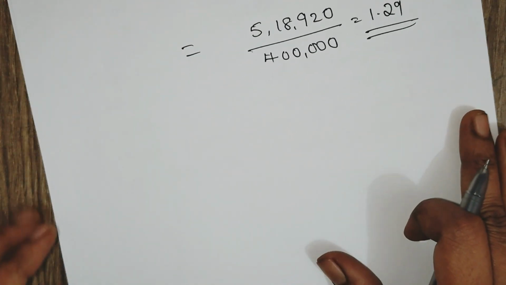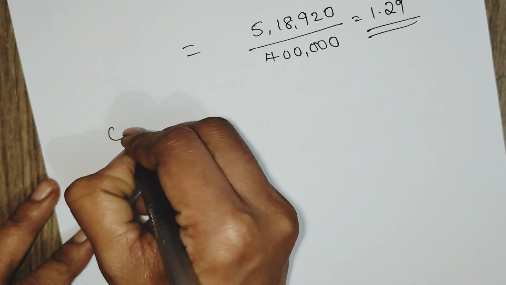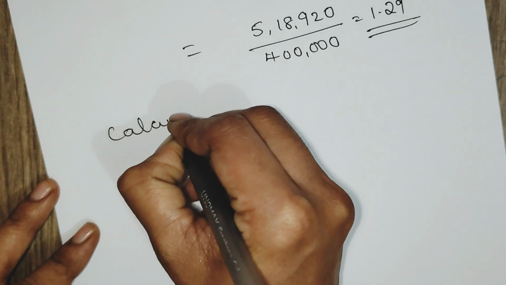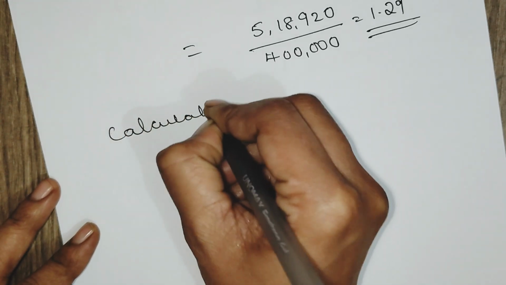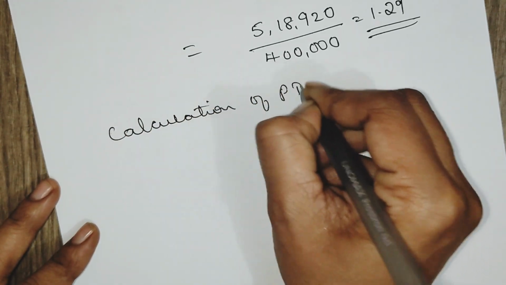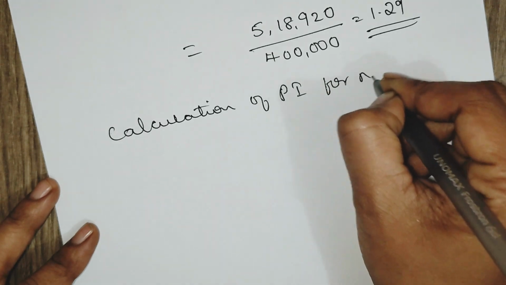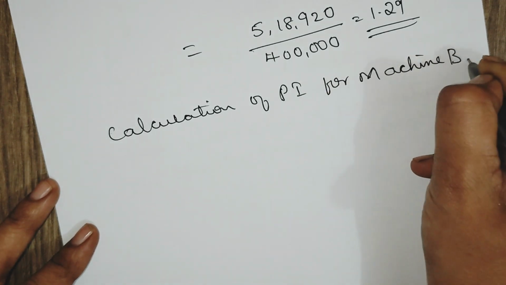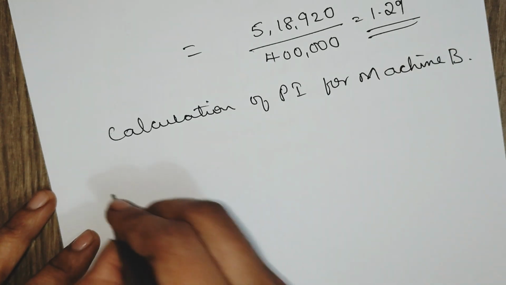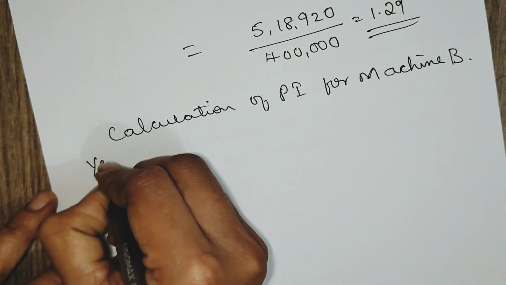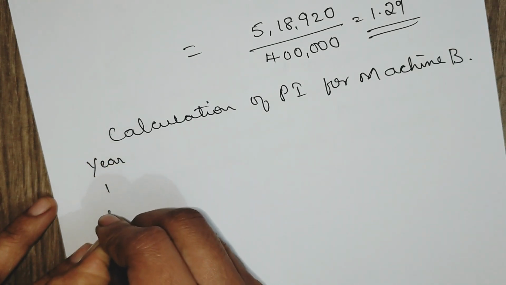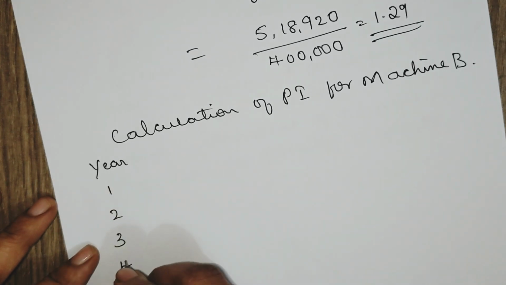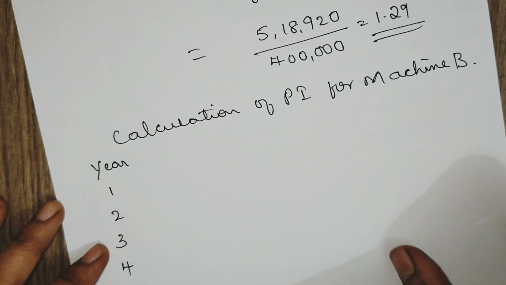Now let us calculate for machine B. Calculation of profitability index for machine B. Year, five years.